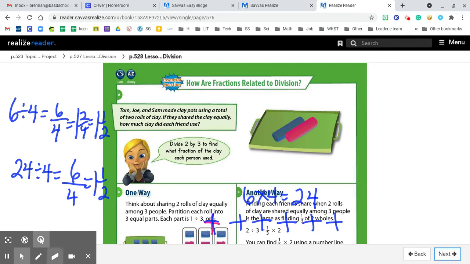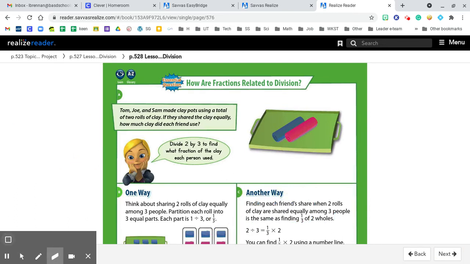When you look at your video in Savvas, how are fractions related to division? Tom, Joe, and Sam made clay pots using a total of 2 rolls of clay. If they share the clay equally, how much clay did each friend use? So we have 3 friends sharing 2 pieces of clay.